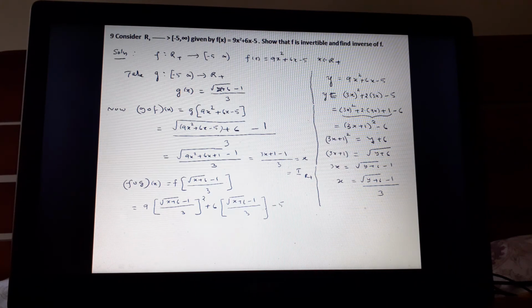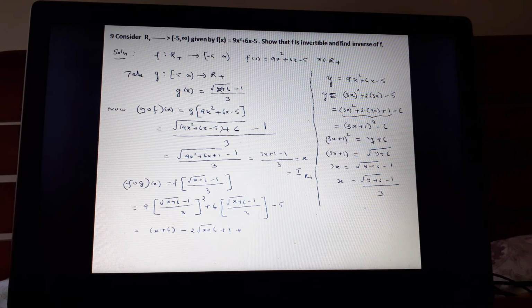Now well in advance you should know this must be also x, definitely it will be x, because this square 3, 9 cancels, and this I have to square it. What happens is a square, this becomes x plus 6, then minus, second one will be 2 into root of x plus 6, then plus 1, because a square plus b square minus 2ab, 2 into a into b is 1.